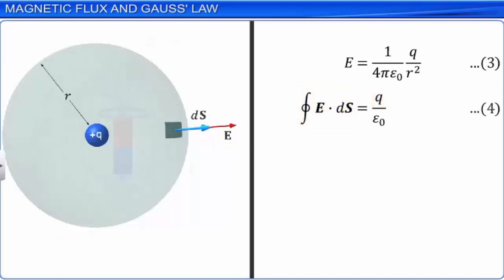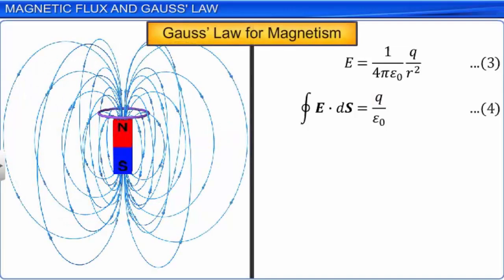Similarly, Gauss law for magnetism can be derived from the definition of magnetic field strength. We know that the magnetic field strength B is equal to mu naught by 4 pi into m by r square. Let this be equation 5.